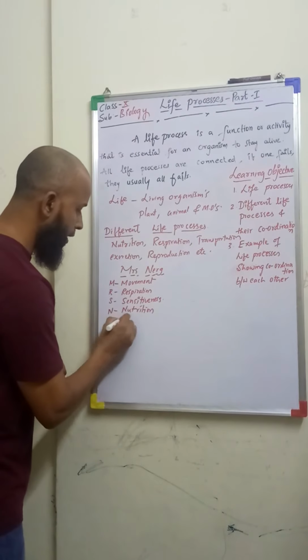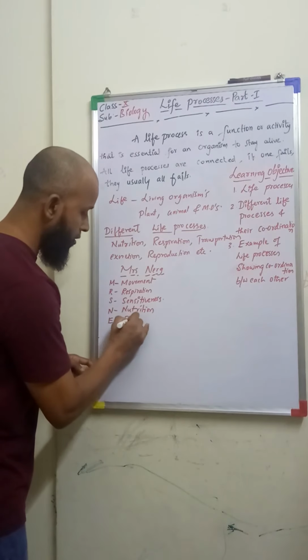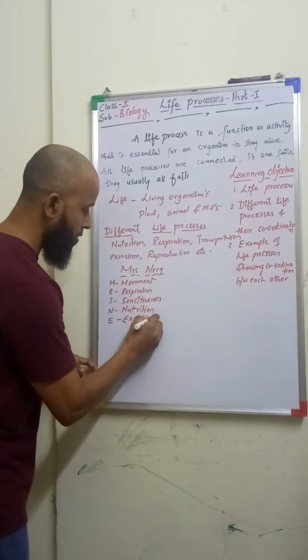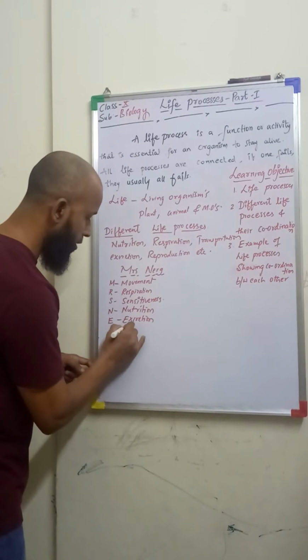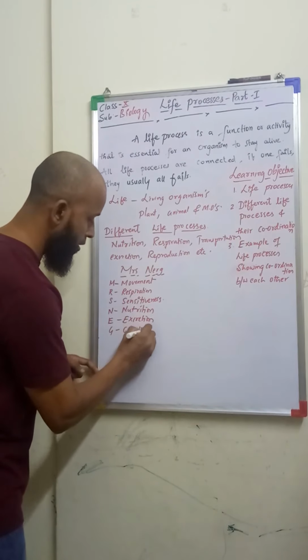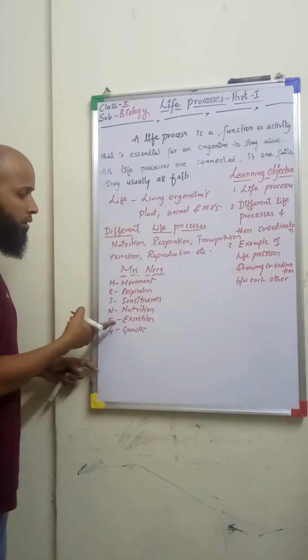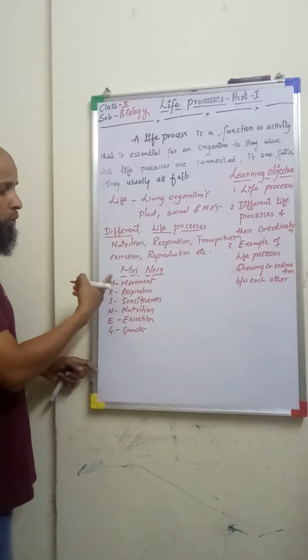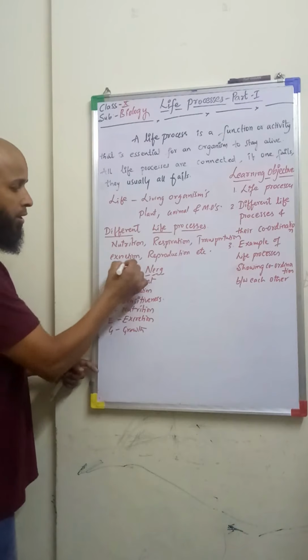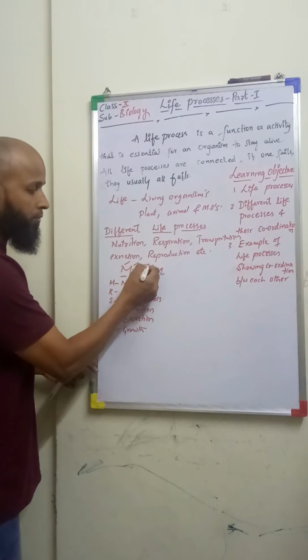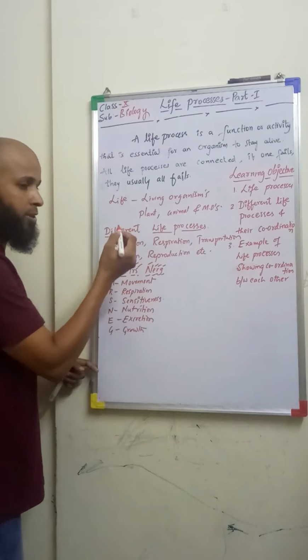With the letter E, excretion. With the letter G, growth. How many life processes are covered in Mrs. Nargis? There are letters 1, 2, 3, 4, 5, 6 and 7.